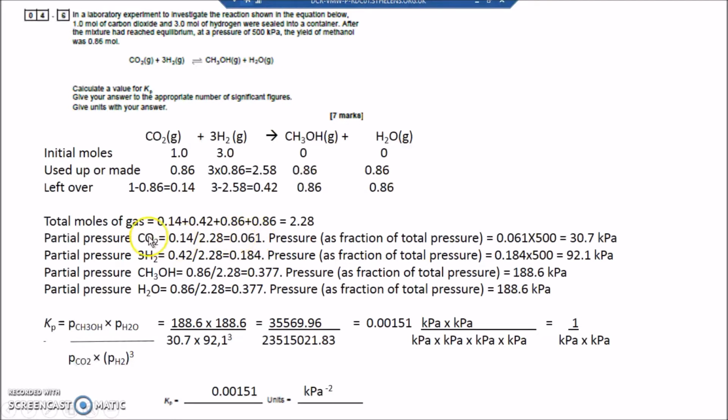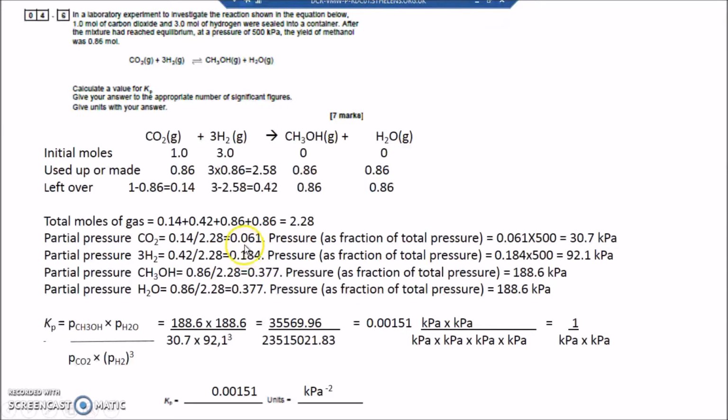So I work out the fraction of carbon dioxide in the mixture. Hydrogen 0.42 divided by the total number of moles 2.28 is 0.184, so that's the fraction of hydrogen that I've got in the mixture, and I work out the fraction of methanol and the fraction of water as well, 0.377.